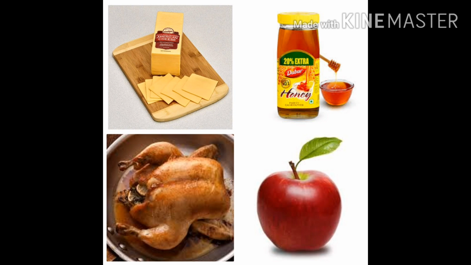You have to identify which are animal sources. First one is cheese, then honey, chicken and apple. In these four pictures, chicken, cheese and honey are animal products and apple is a plant product.